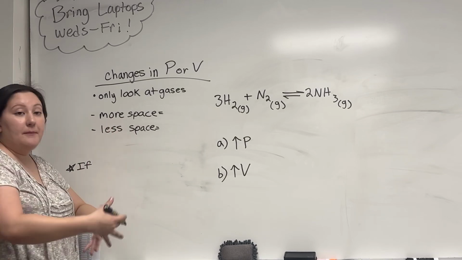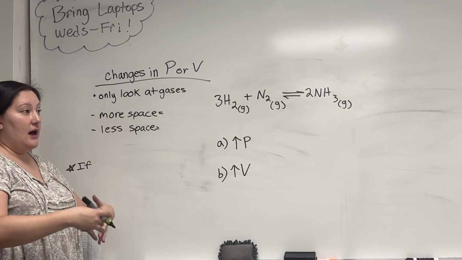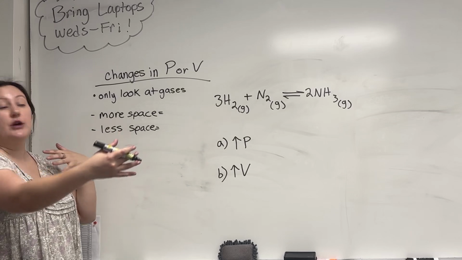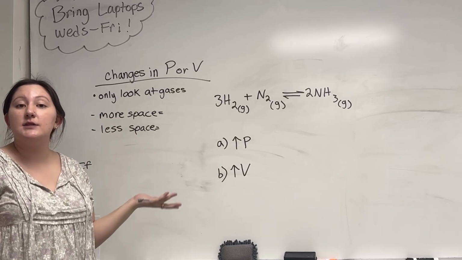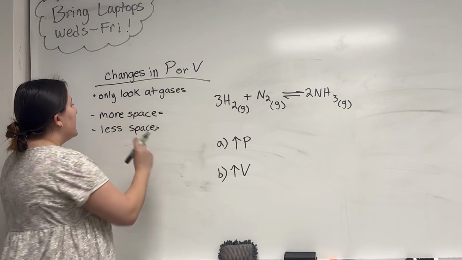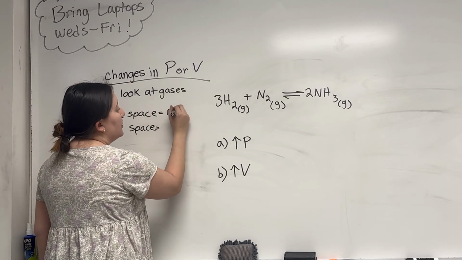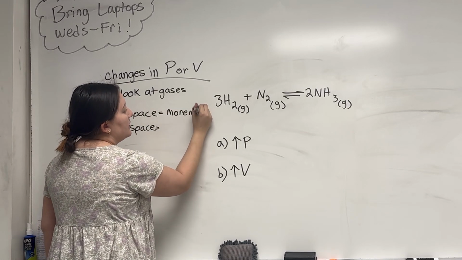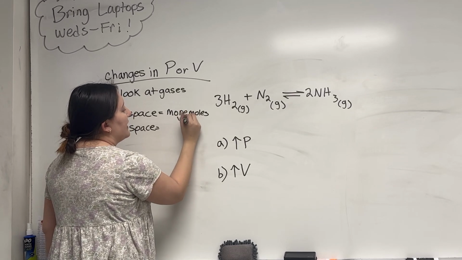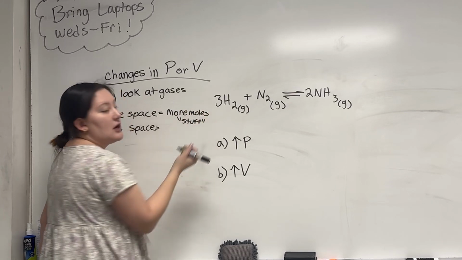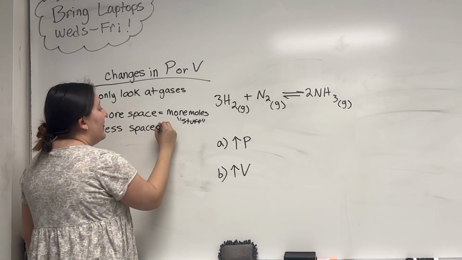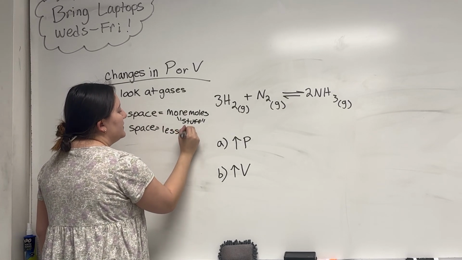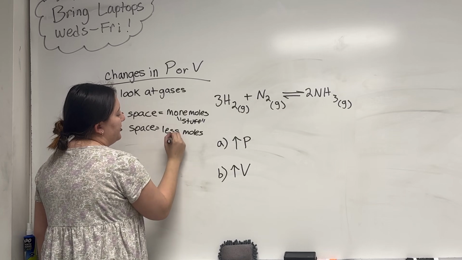So that means if I have a bigger volume, or a decrease of pressure making more volume, if I have more space, I can hold more stuff. And in this case, we want to think of stuff as moles. So if I have more space, I can hold more moles. You can also say stuff if that is easier to start off with and remember. And then if I have less space, that means I have less moles or less stuff.